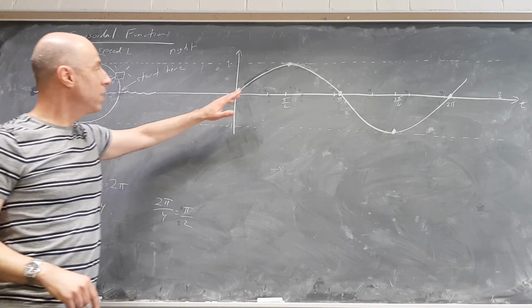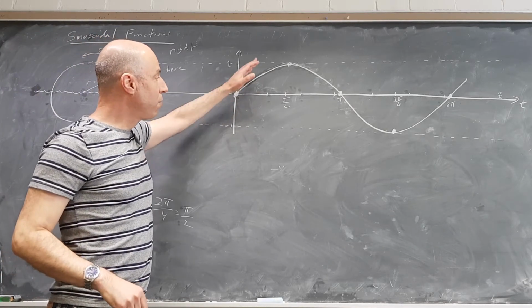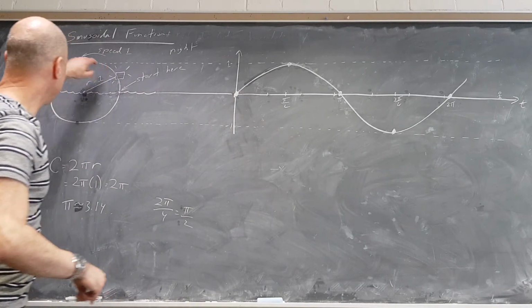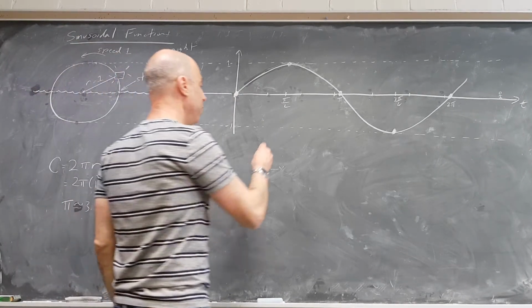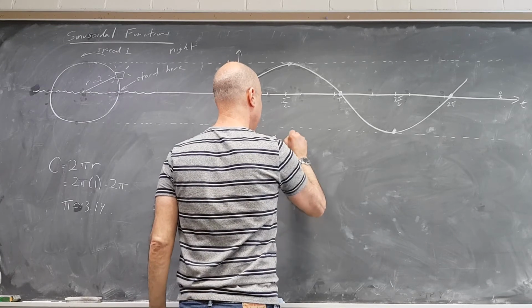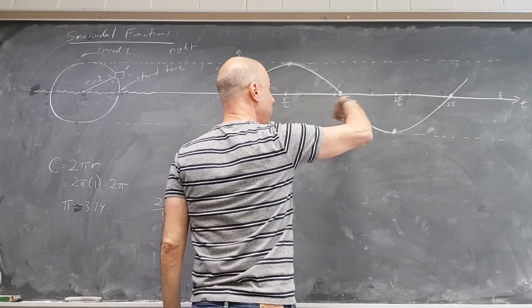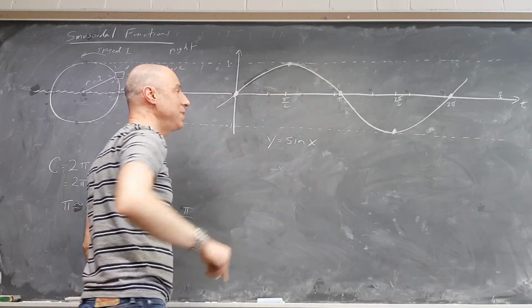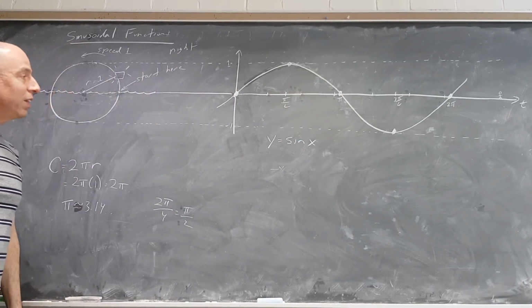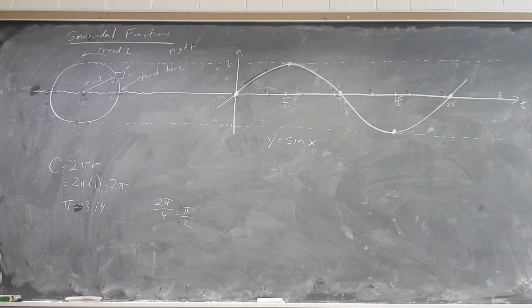And so the vertical component of this motion around in a circle we call the sine curve. This graph that we've started to graph here, and it continues in both directions, up, down, oscillating infinitely, is called the sine curve.